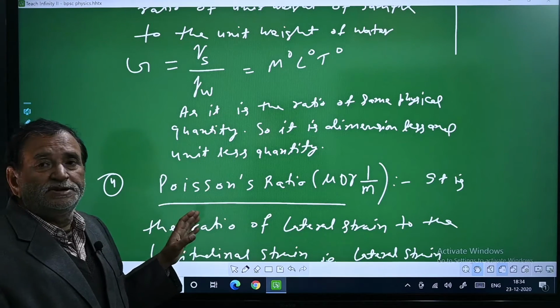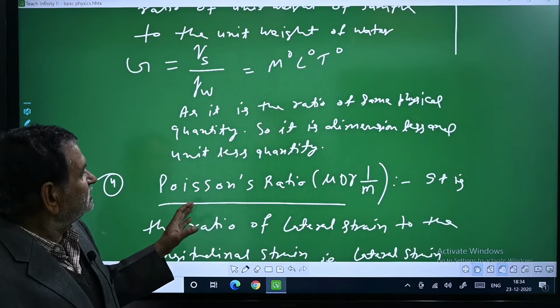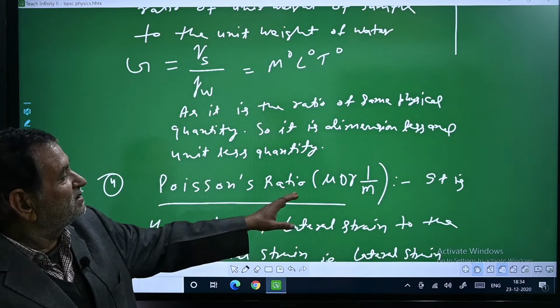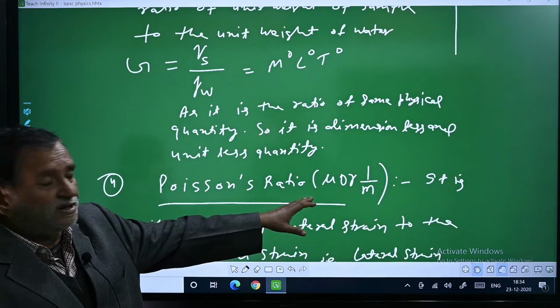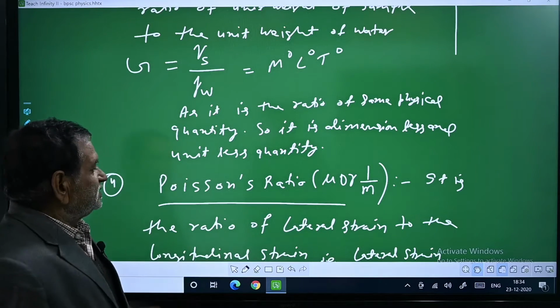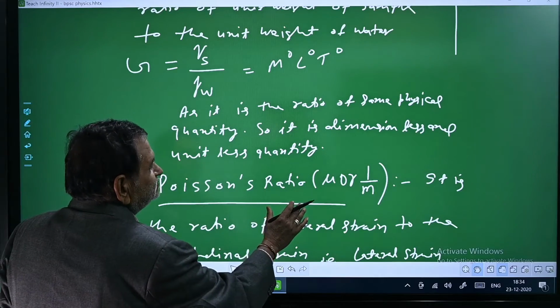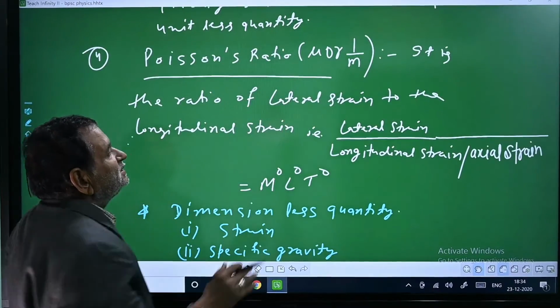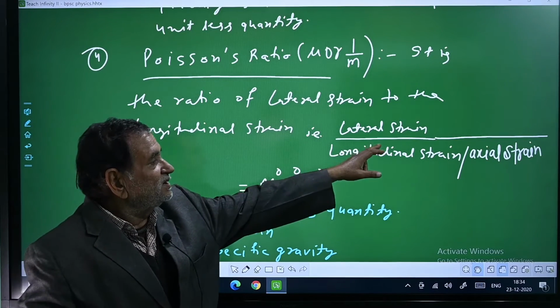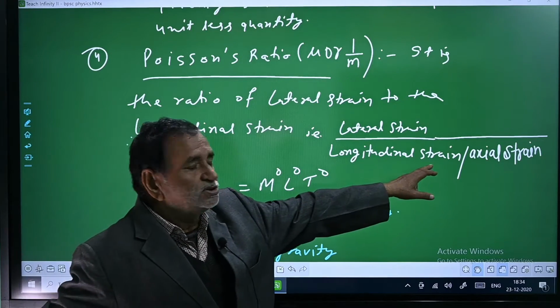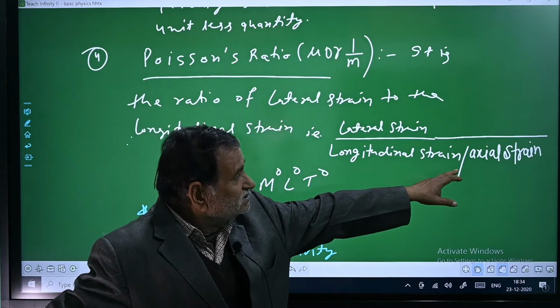Now the fourth one is Poisson's ratio. It is denoted by mu or 1 by m. It is the ratio of lateral strain to the longitudinal or axial strain.